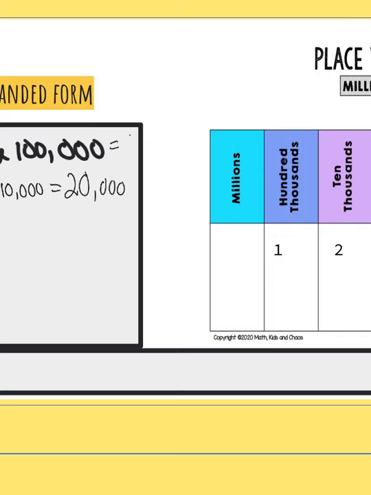So this one is equal to 100,000 right here. Then we've got 2 times 10,000. We've got 7 times 1,000. That equals 7,000. We've got 3 times 100. That's equal to 300. We've got 2 in the tens place, so 2 times 10 is 20.